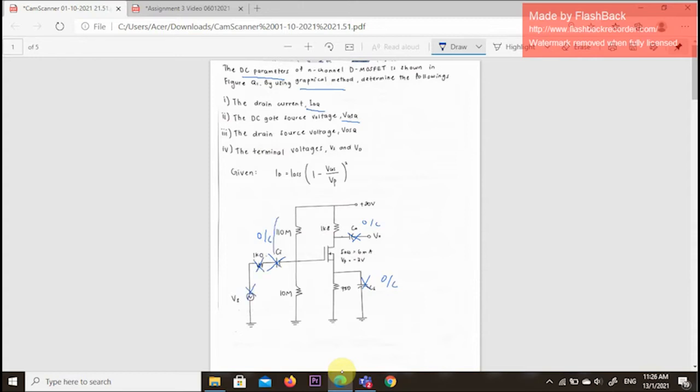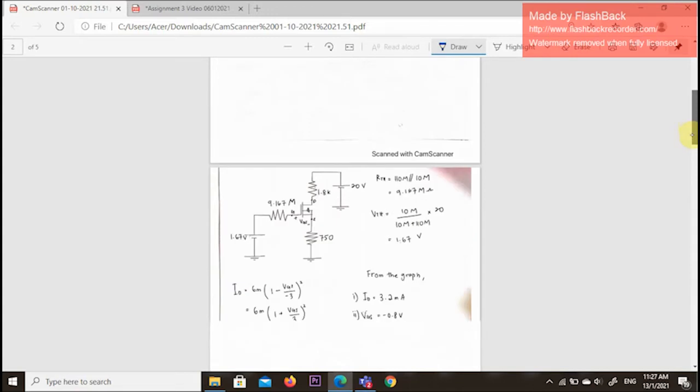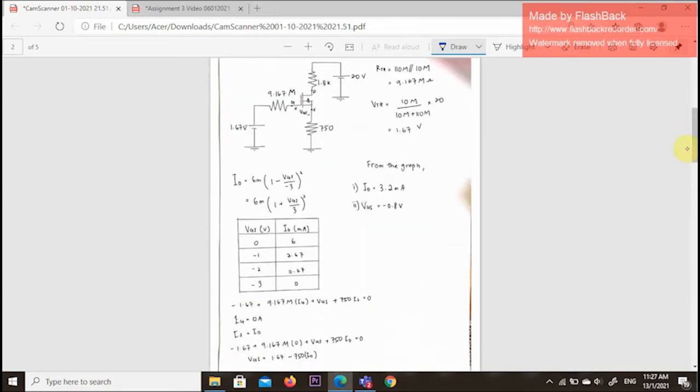Here we can apply Thevenin, so we can find RTH and VTH. After applying the Thevenin method, 110 mega in parallel with 10 mega, we get 9.167 mega.